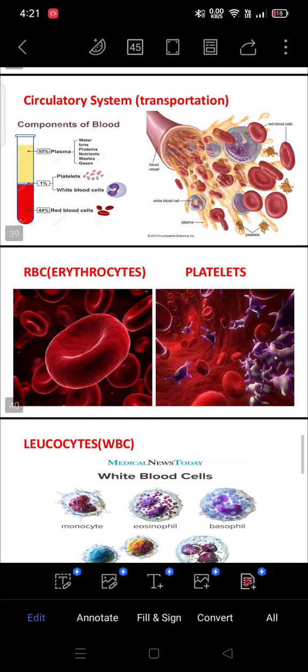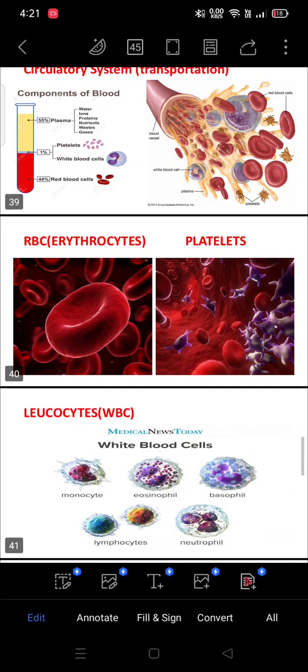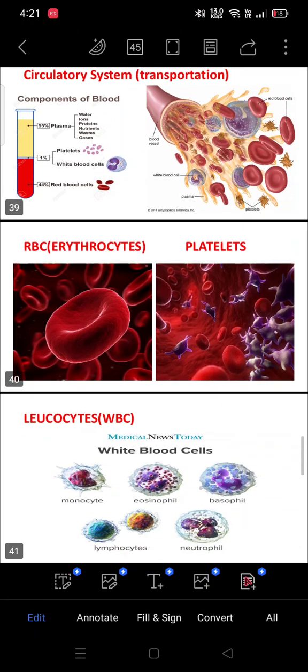Circulatory system, what is the circulatory system? In which there is transportation of blood from one cell to another. Okay, and there are parts of blood: plasma, platelets, white blood cells and red blood cells. White blood cells are very important in our body.